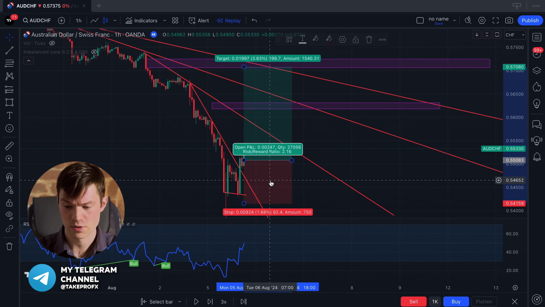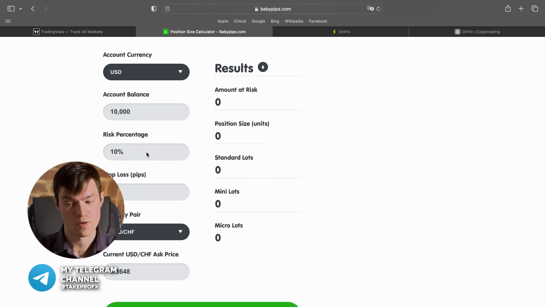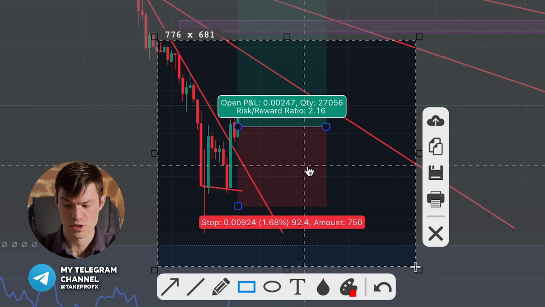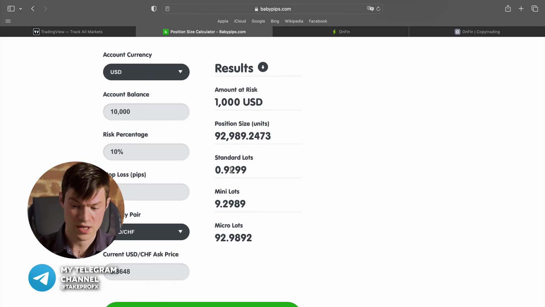During this trade, I'm ready to lose 1,000, but I'm ready to earn 2,000 or 3,000. Stop loss, we always look at this value. It is 93 points, so we enter here the value of 93. Then click calculate, and it turns out that we have a standard lot. We often don't pay attention to the rest, because the standard lot is 0.92, so we can put 1 or 0.93 here, as you want.